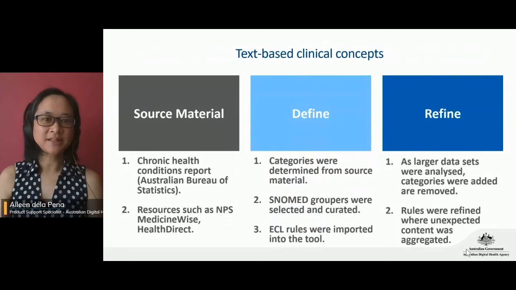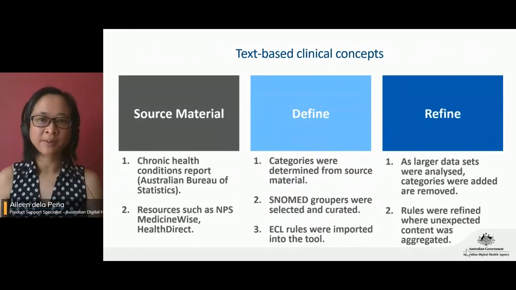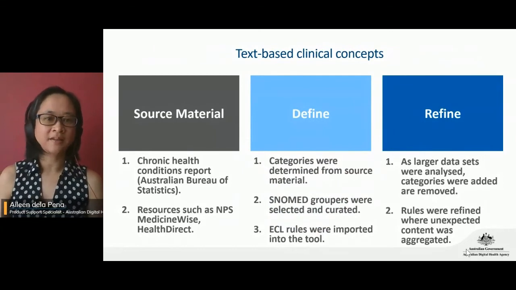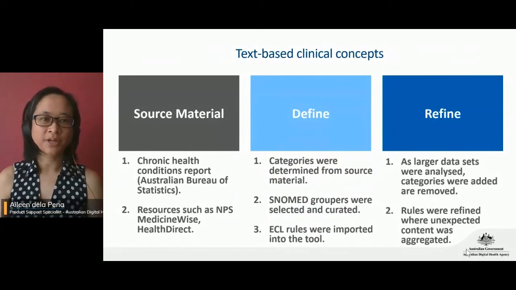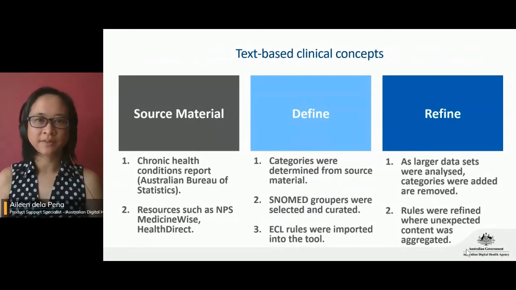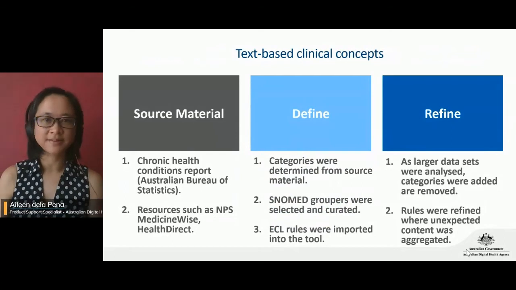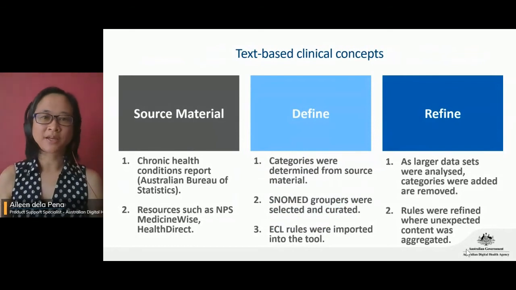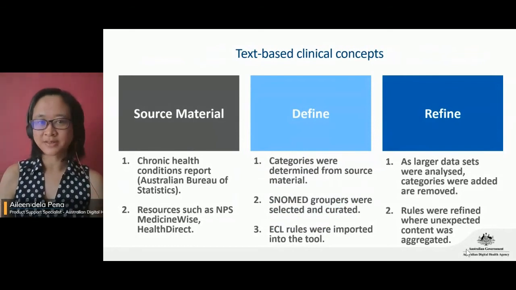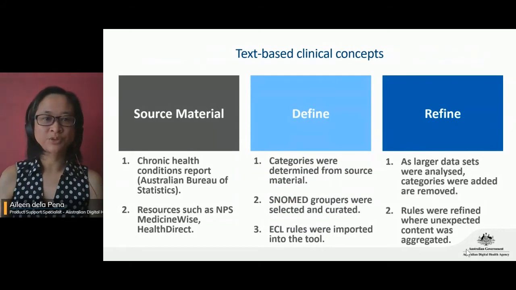Now, from these lists, we had to define the appropriate SNOMED codes, and then we also created some ECL rules that were imported into the tool to capture the descendants. And then, as you can imagine from these starting lists, there were many codes that were not grouped under these original codes.